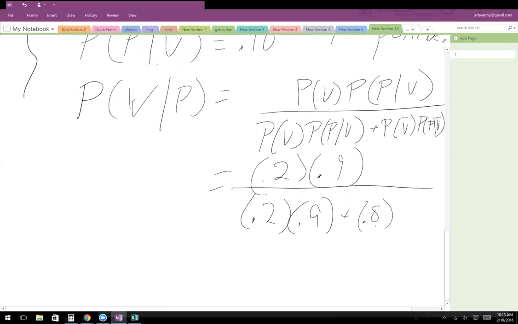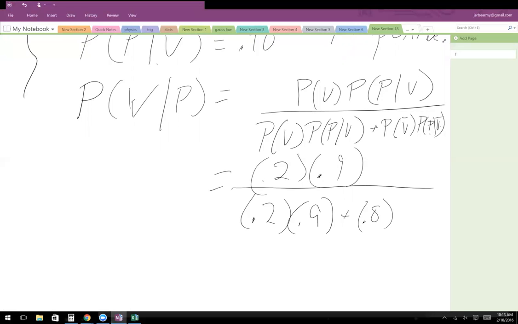How'd you get 0.8? Yeah, it's everything. I mean, 20% have it, so 80% don't. Okay, what's the probability that you test positive even though you don't have the virus? What it actually said in the problem is this test is correct 90% of the time.